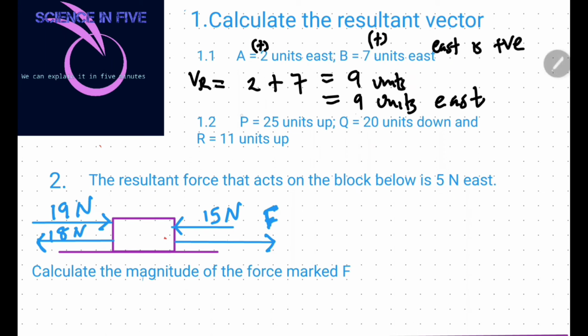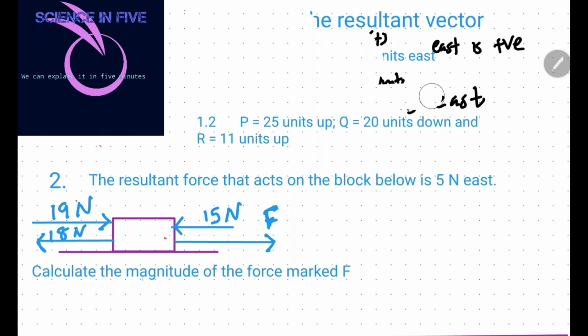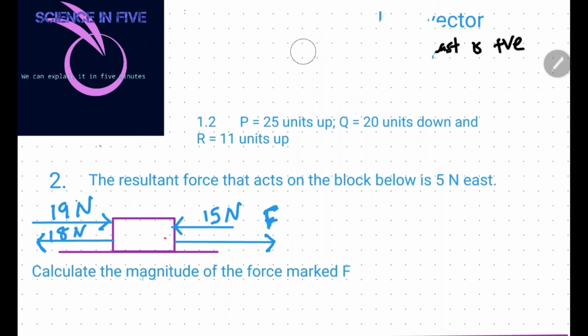1.2. We've got P 25 units up, Q 20 units down, and R 11 units up. Well, let's decide which direction is going to be the positive direction, which direction is the negative direction.